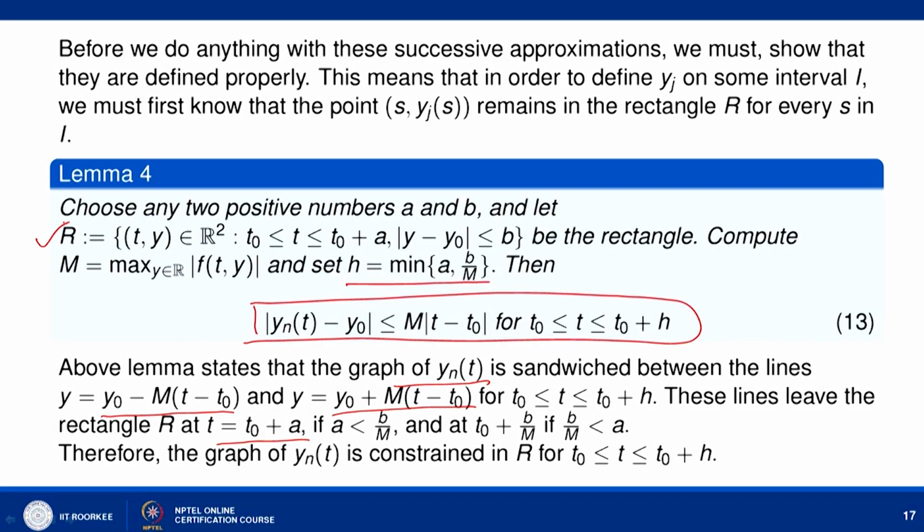So, we have shown with the previous lemma that all the successive approximations satisfy this inequality 13. So, it means that all y n t belong to this rectangle R.